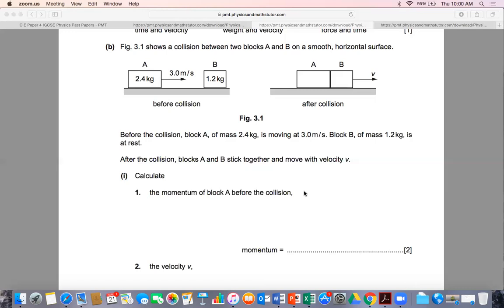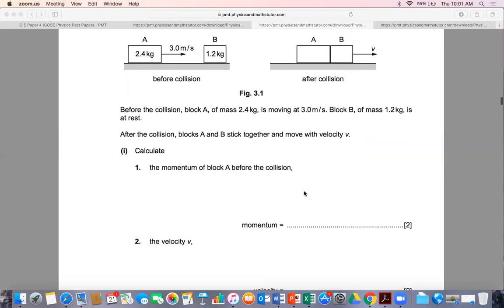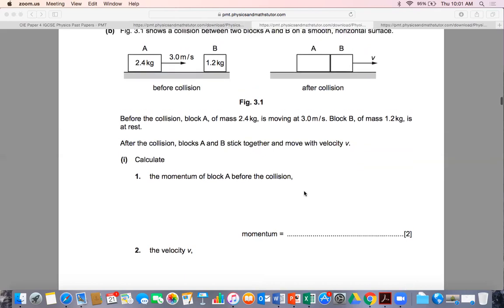Momentum is mass times velocity, so 2.4 times 3. Okay, 7.2 kg meter per second. Make sure your unit is there. Yes, the momentum of block A is 7.2 kg meter per second.